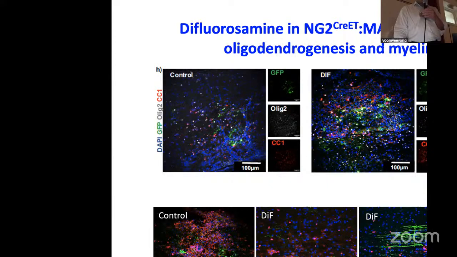And even in this area of inflammation, with many of these dots being immune cells, in the case of the difluorosamine treated animals, the oligodendrocytes are regenerating.